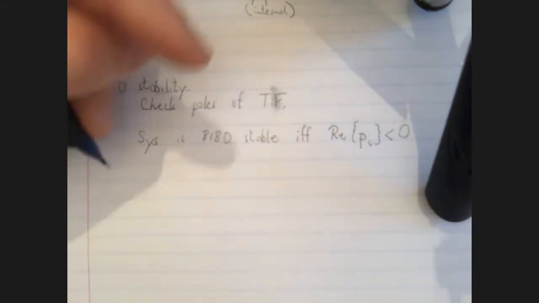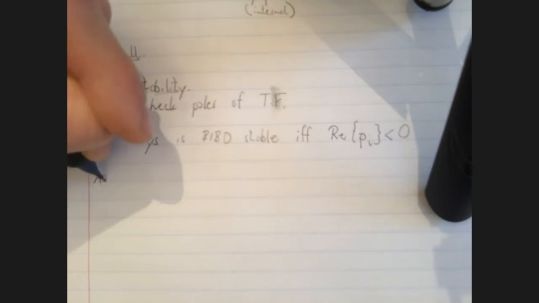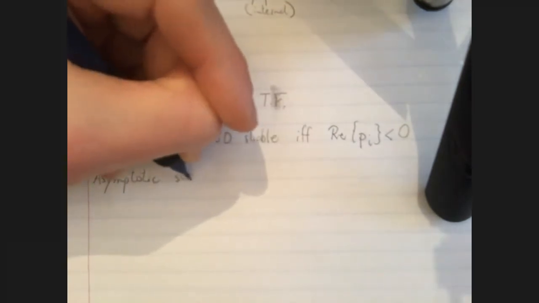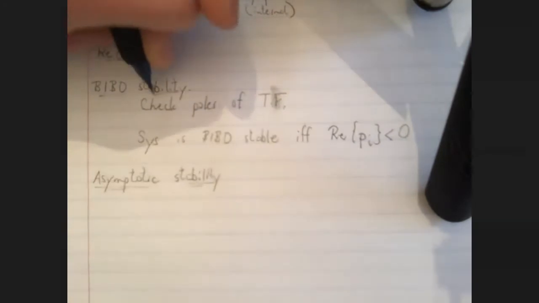Now for asymptotic stability. Again, it's another way of defining stability. Before, we defined it in terms of inputs and outputs. Here, asymptotic stability is about my states, those internal states and how they evolve.